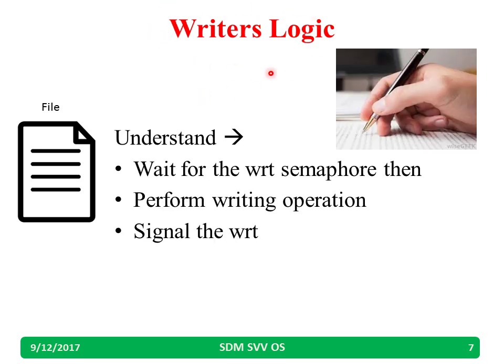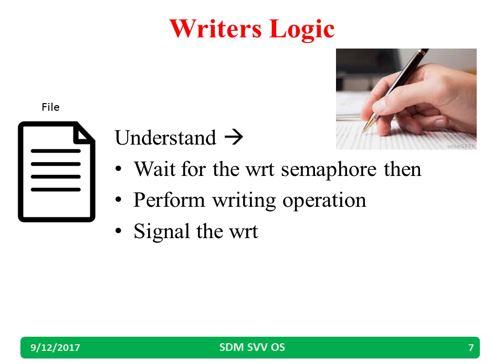The writer logic is very simple to understand. Being a writer, wait for the WRT semaphore, ensuring that no other writer is writing. Once we know nobody is writing, perform the writing operation, then signal WRT so that another process can start writing.